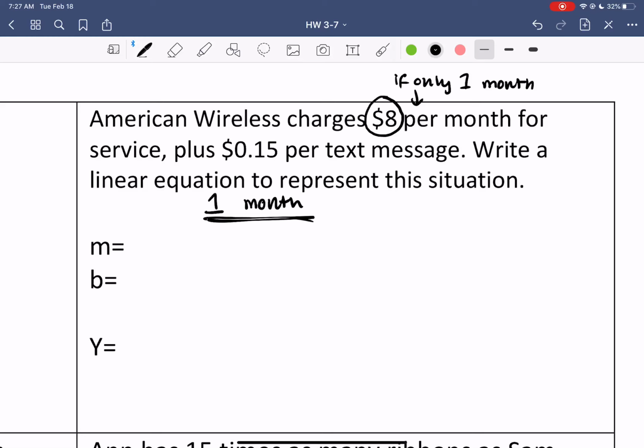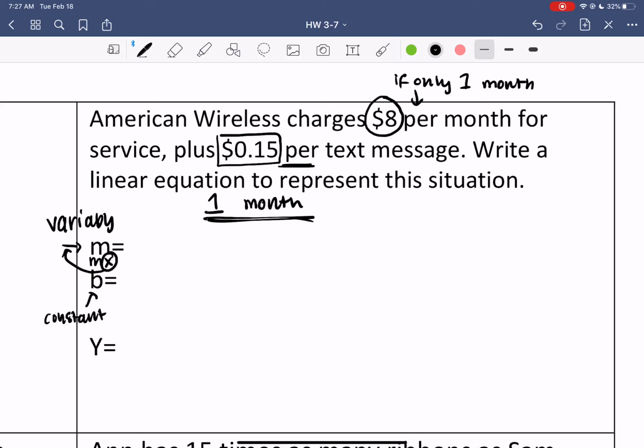And our variable, it's confusing because this right here says per, but this one also says per. But if we're only looking at 1 month, then this 15 cents is the thing that's going to vary based on the amount of texts. So this right here is our variable because this has the mx. The b is going to be our constant.